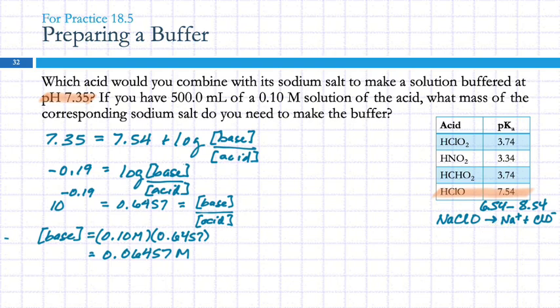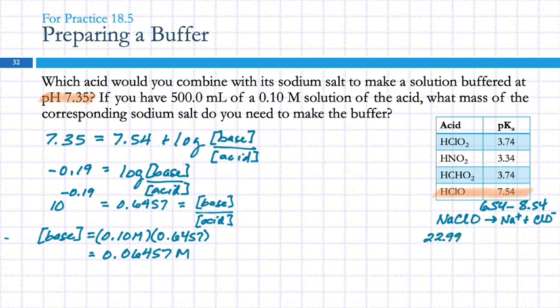But we need to know that because we're trying to find a mass of this. What's nice here is we're not adding a liquid, which would give us dilution issues and volume changes. So we don't have to worry about that. Okay, so sodium hypochlorite, we're going to need its molar mass.